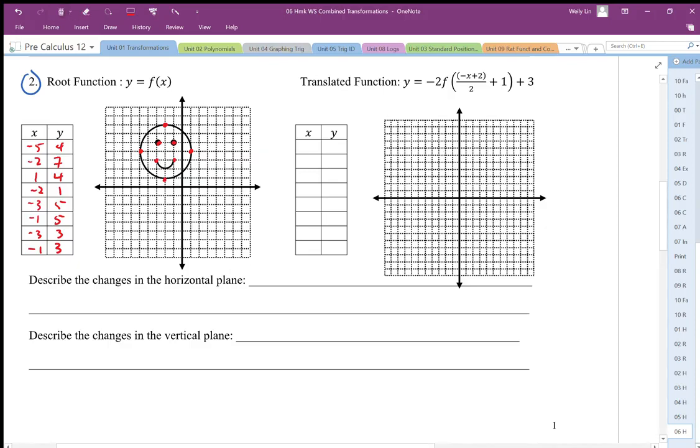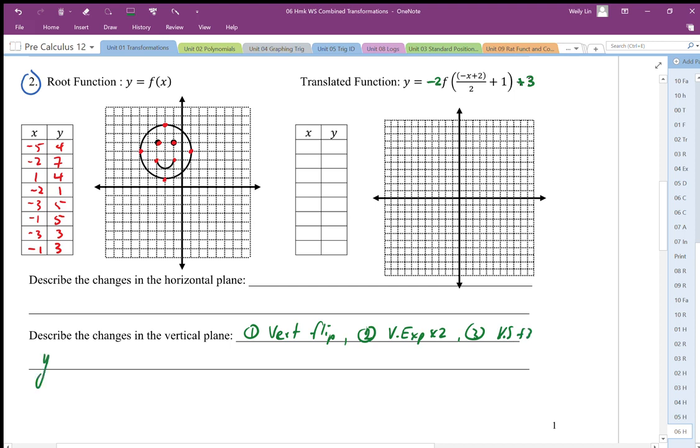I'm going to transform my horizontal changes. Actually, let's start with our vertical changes since they're easier. The vertical changes are everything on the outside here. The first thing that happens is a vertical flip and vertical expansion by 2, and then a vertical shift of +3.